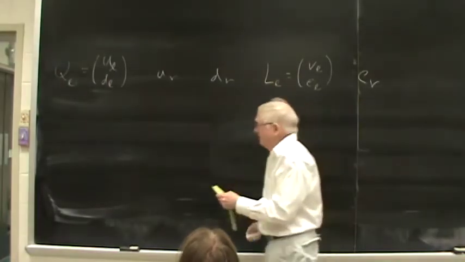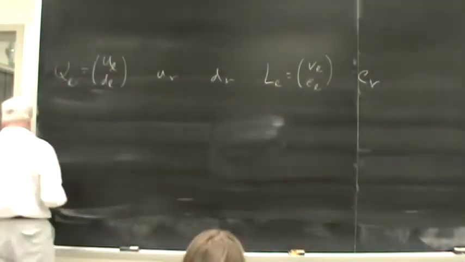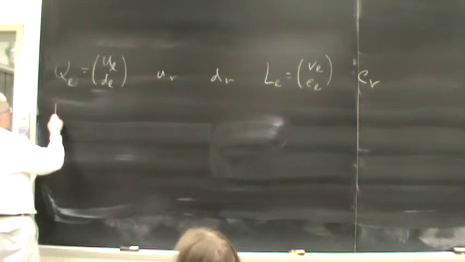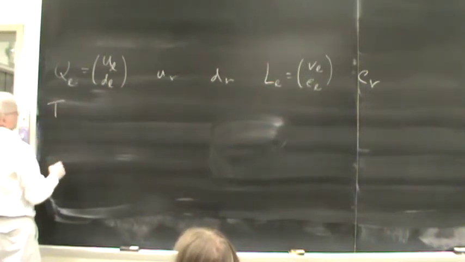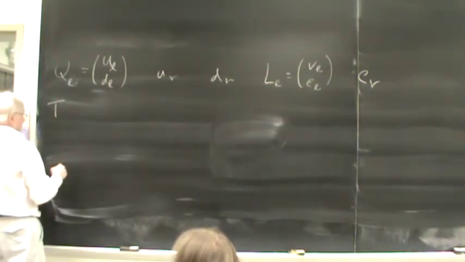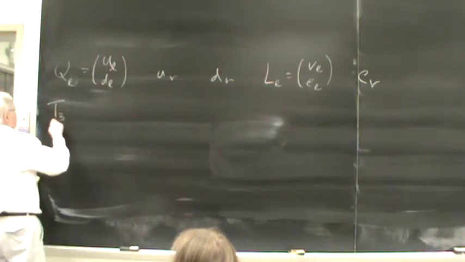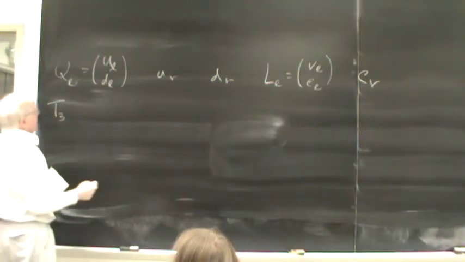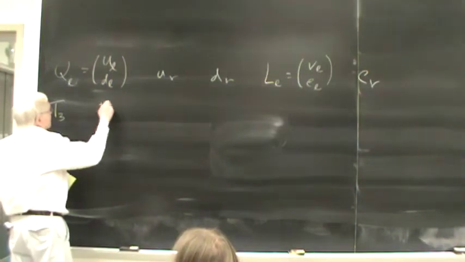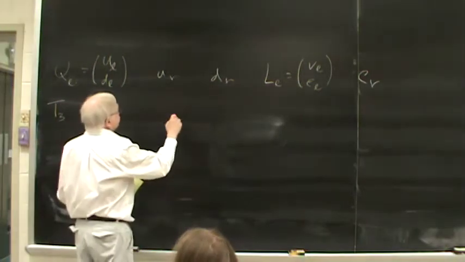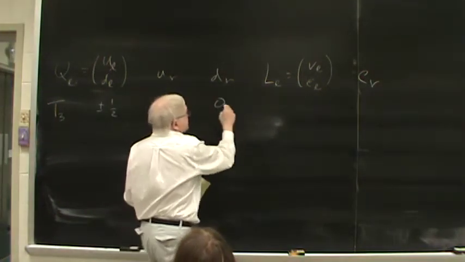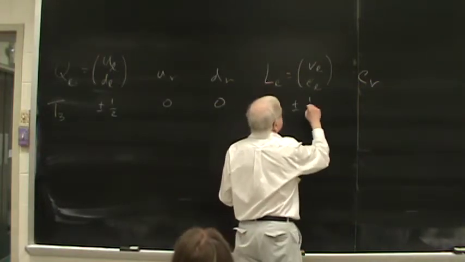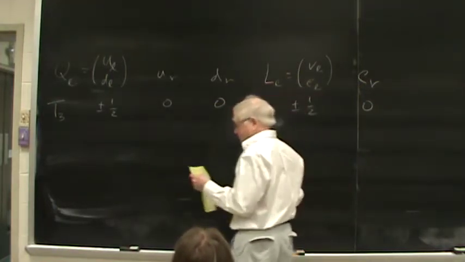Now these quantum numbers, I think, are really nuts. First of all, let us say T3, and here it's plus or minus a half, 0, 0, plus or minus a half, 0.